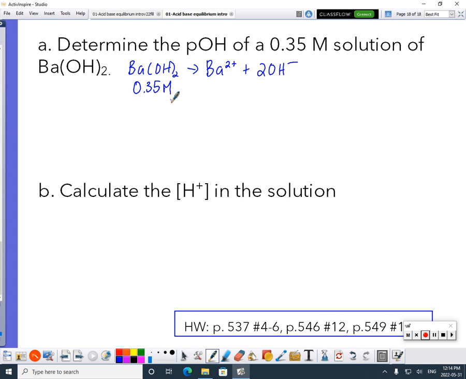You just have to multiply the 0.35 by 2. And again, the barium is a spectator. We're asked to find pOH.